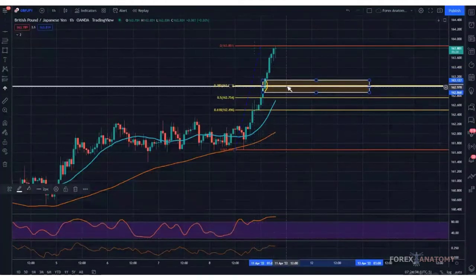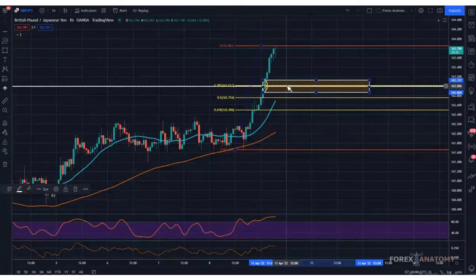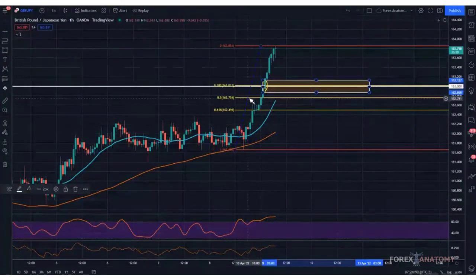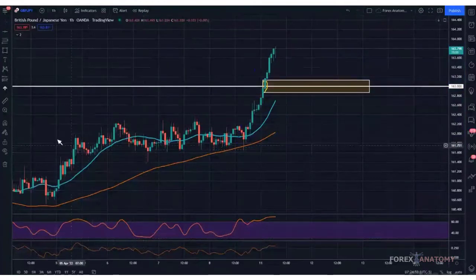We have this institutional or psychological area of support at 163.00. We have that small congestion cluster zone on the 15-minute chart, and we have the 38.2 fib right around here. So this is a nice area to wait for price to fall back to.